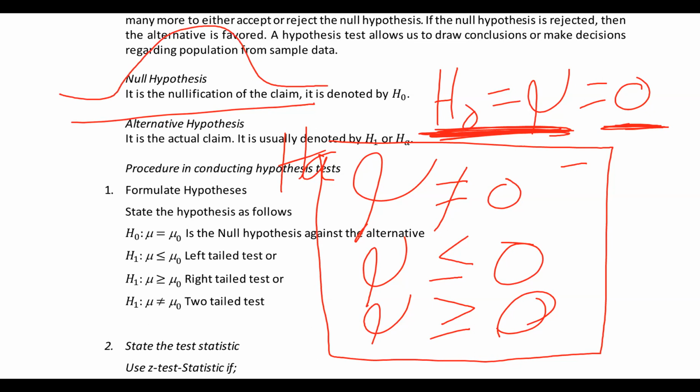That is to say, your postulation can fall to the right of this center or to the left, either a negative value or a positive value.